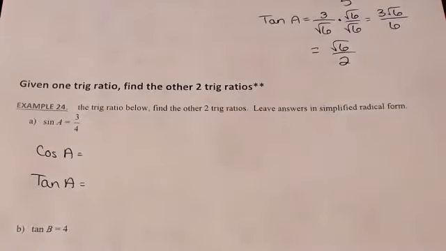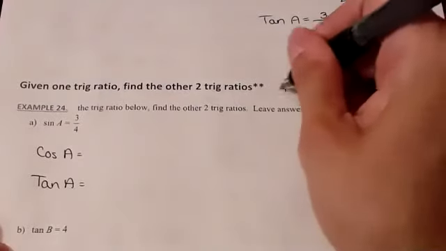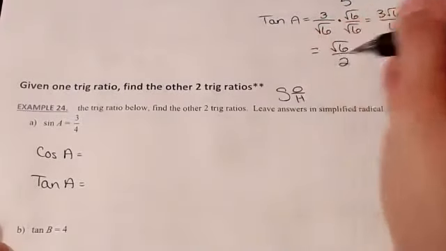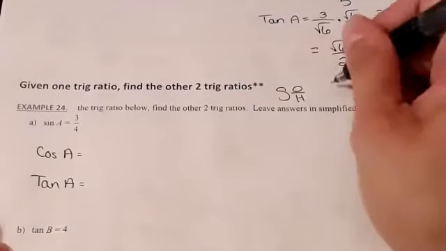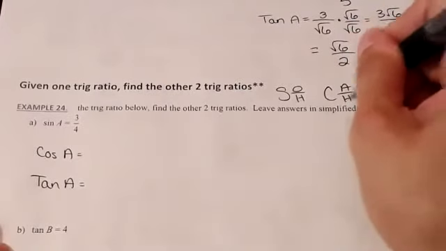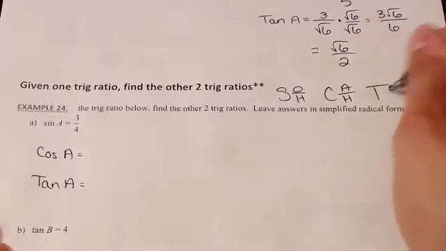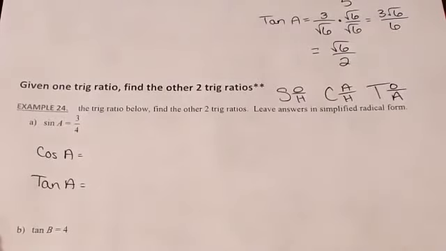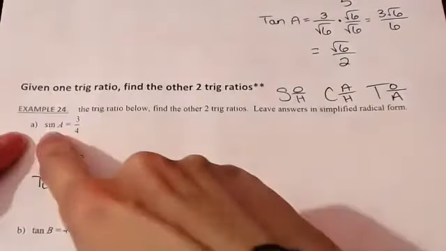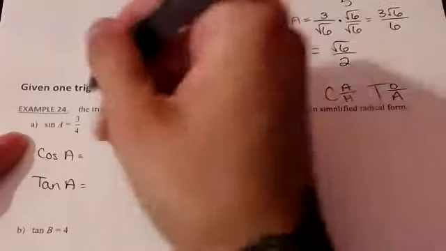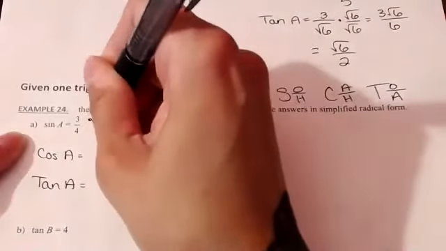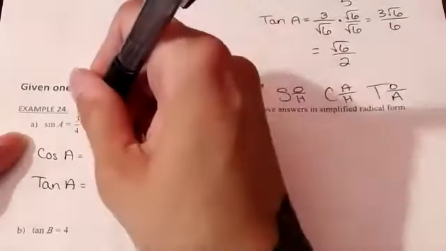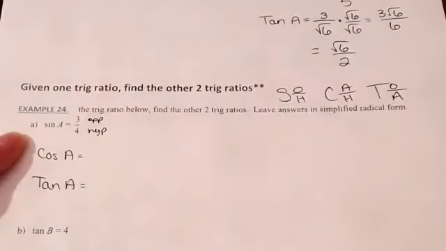I think you're already uncovering the process that you want to take because we know that, and again, let's write the ratios. Sine is opposite over hypotenuse. Cosine is adjacent over hypotenuse, and tangent is opposite over adjacent. So we're told that sine of A is 3 over 4, which means that the 3 is opposite and the 4 is the hypotenuse.